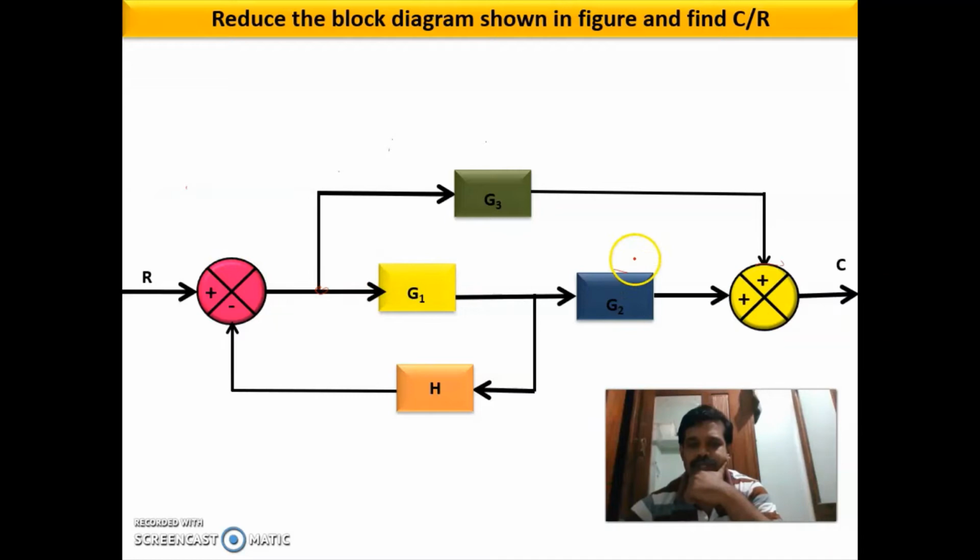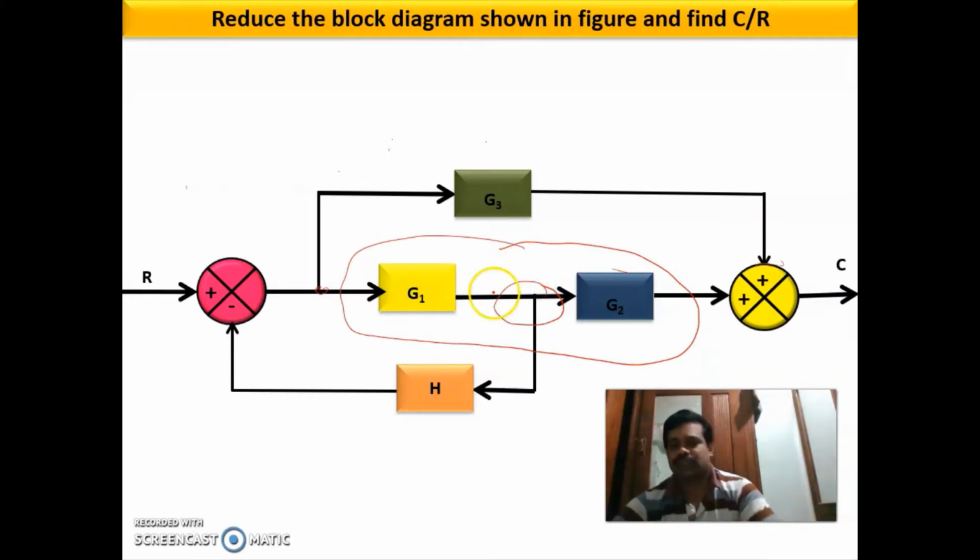These two blocks are in cascade, but here you are having a branch point, so there is no chance. Similarly, here you are having a feed forward path, or two parallel blocks, but due to this coming point it is not possible.